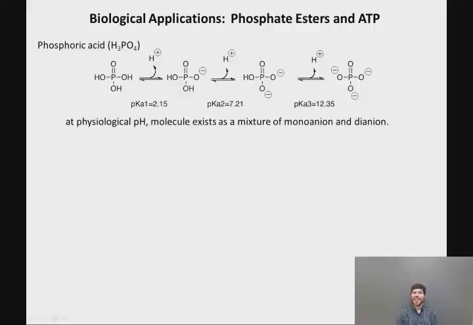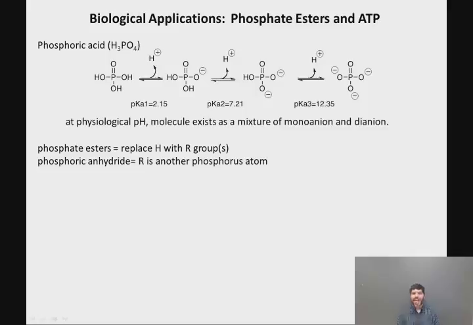Because recall from the Henderson-Hasselbalch equation, when the pH is equal to the pKa, which is approximately true here, physiological pH is approximately the same as the second pKa. So when the pH equals the pKa, the concentration of acid and anion are going to be equivalent. So that's why we're going to have a mixture of the monoanion and the dianion.